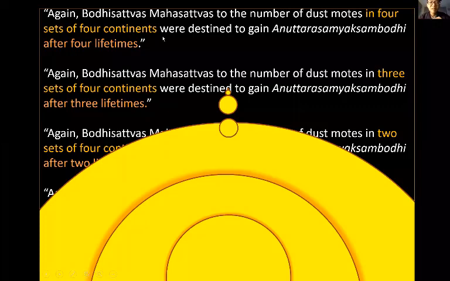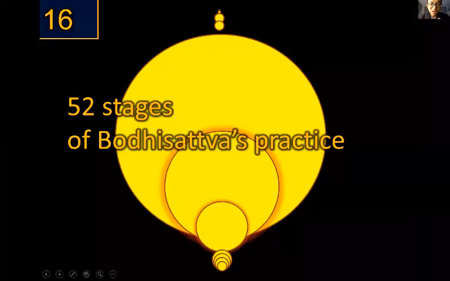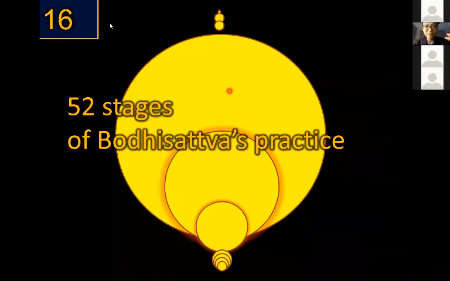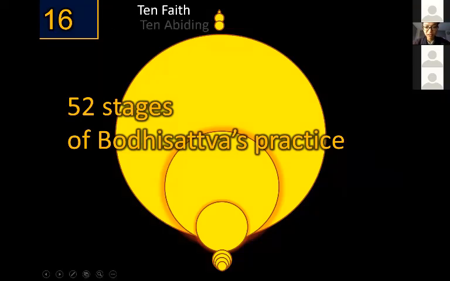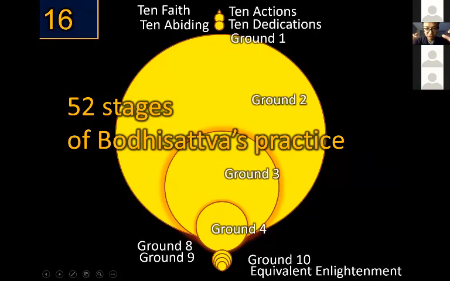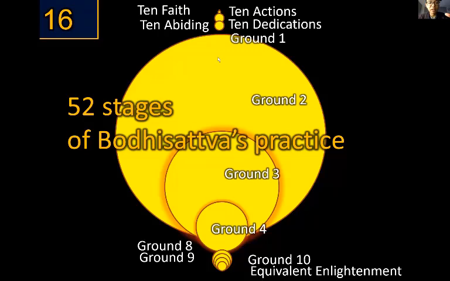From the very top we have those that gain the Wusheng Faren and so on, and after that those that in 8 lifetimes, 4 lifetimes, 3 lifetimes, 2 lifetimes, 1 lifetime will gain enlightenment. If we put all the names on, we have those connected to the different levels. Let me do the animation again.